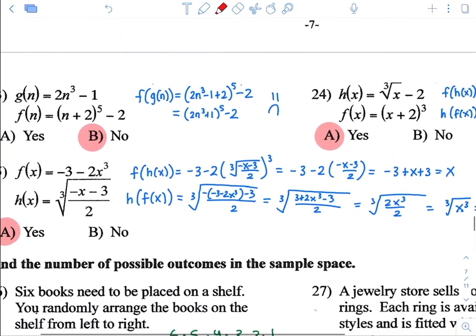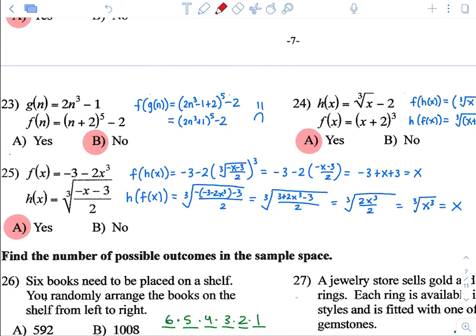And lastly, 25. So f of h of x, so I'm plugging in all of h of x into f of x, which is just plugging it into the x. So you're going to get negative 3 minus 2. Now remember, this whole thing, x is this whole thing, which is cube root of negative x minus 3 all over 2 raised to the third. So this cube root and that third cancel, so then we get this.